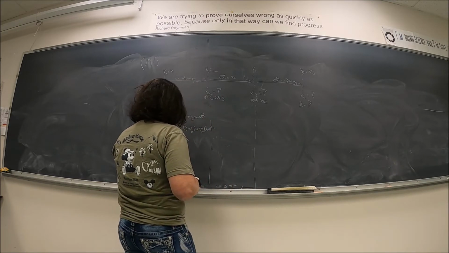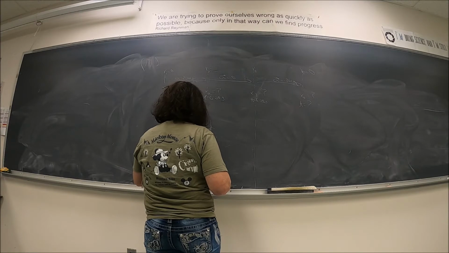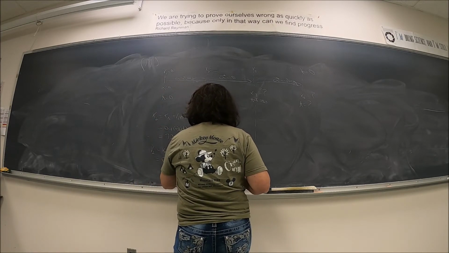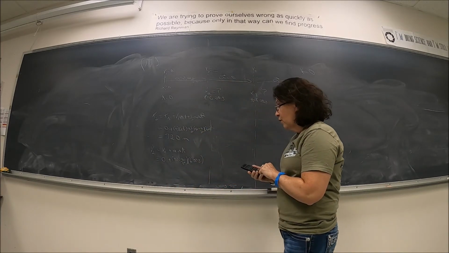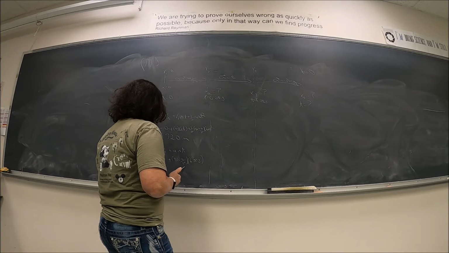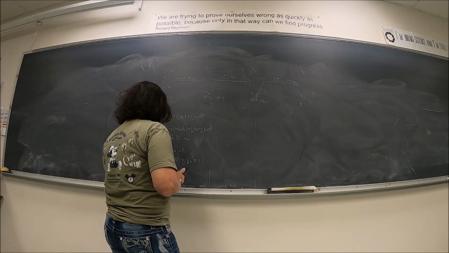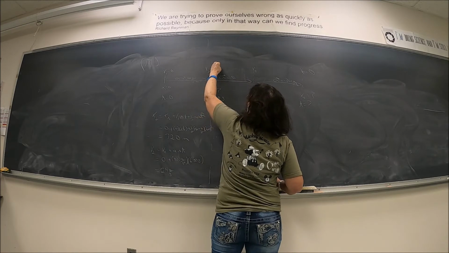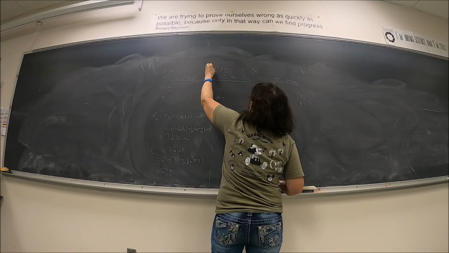So that's going to be 0 plus 4 meters per second squared times 6 seconds. So 4 times 6, that's going to be 24 meters per second. So I know v2 is 24 meters per second.